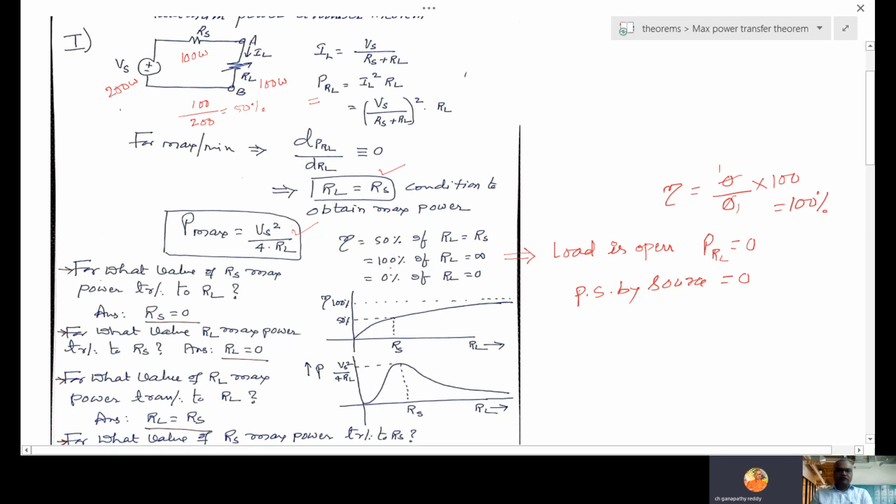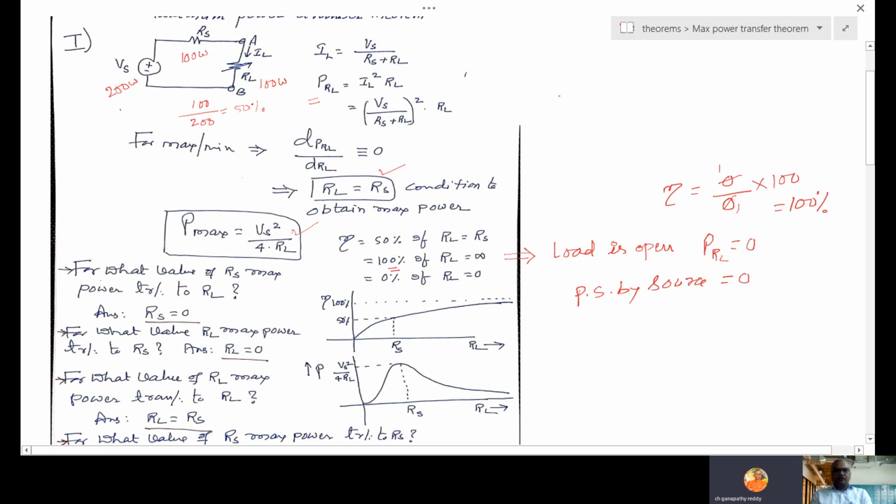That's why efficiency is 100% if RL equal to infinite. Don't go by the mathematics that 0 by 0 is indeterminate. Whatever power is supplied by the source is 0, and how much is transferred to the load? 0. So 0 and 0 are the same thing. Therefore efficiency is 100%.